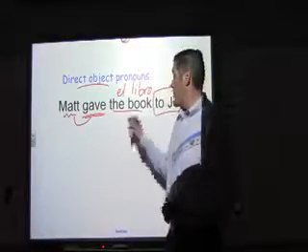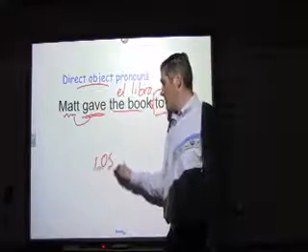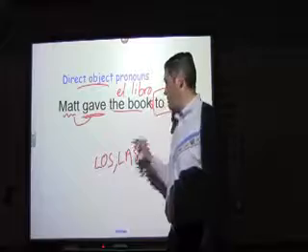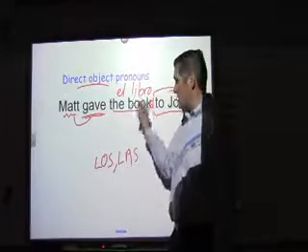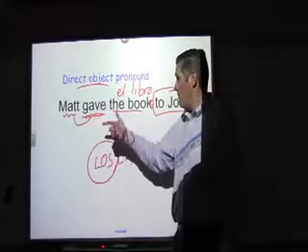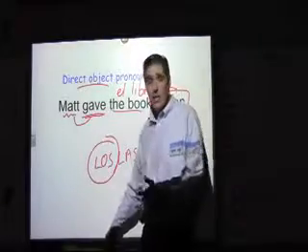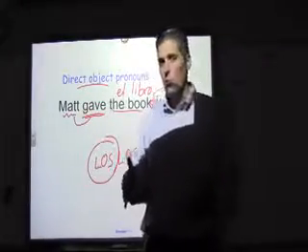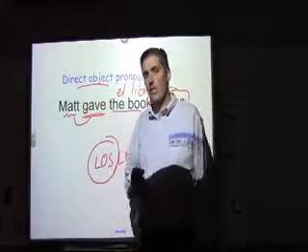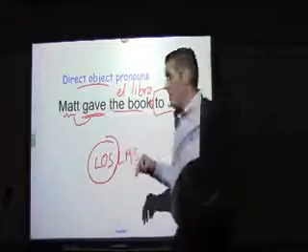Okay, if it were the books, if we want to say them, it would be los or las. Matt gave them to John. Again, because it's masculine, it's going to be los. Matt los dio a Juan. Okay, and these follow the same rule as the indirect object pronouns, and that is that they go before the conjugated verb in most cases, or connected to an infinitive.